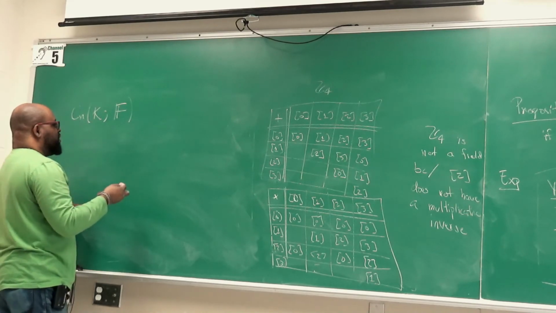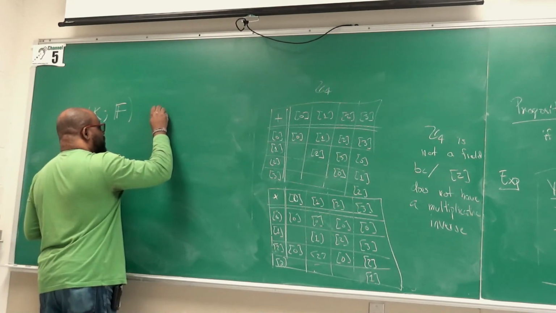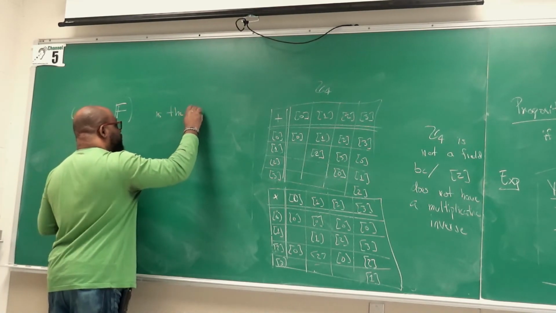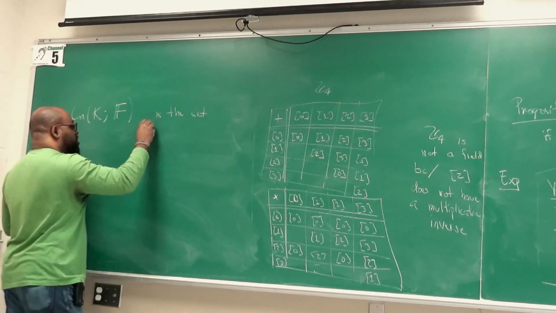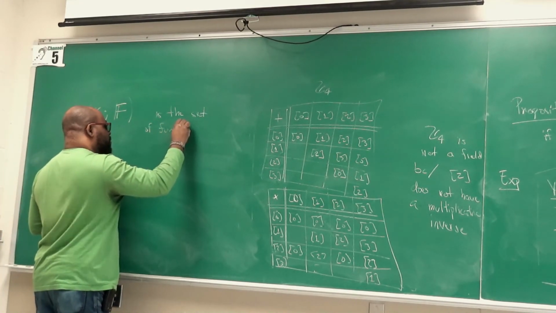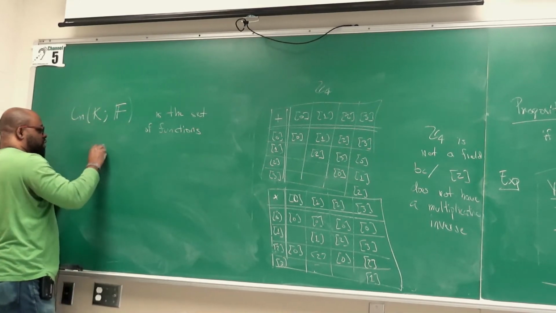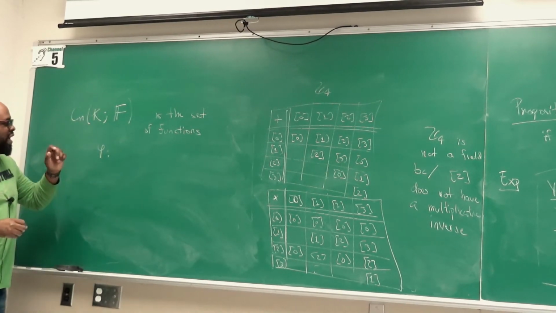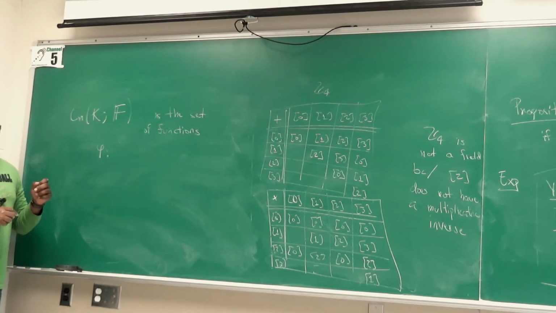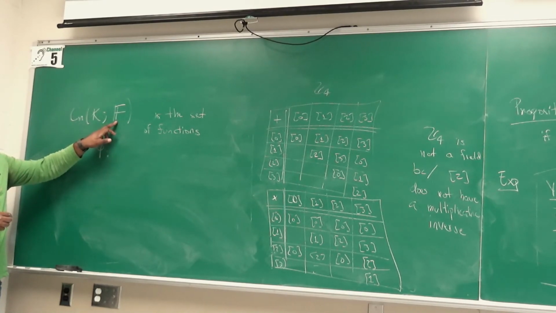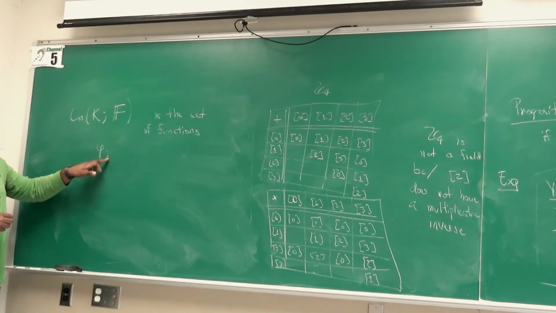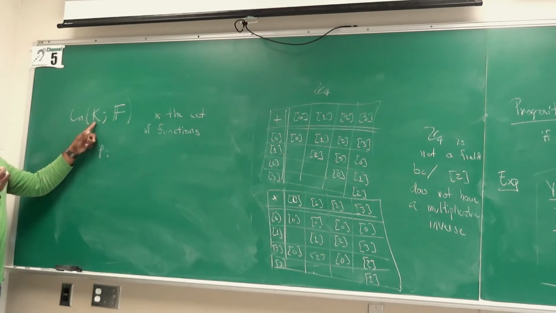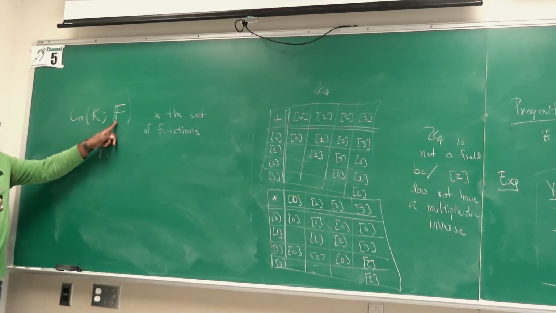So what is this? This is the set of functions phi. So what is an n chain when we had Z in here? It was something that assigned to every simplex an element in Z. Okay, so that's the integer chains.